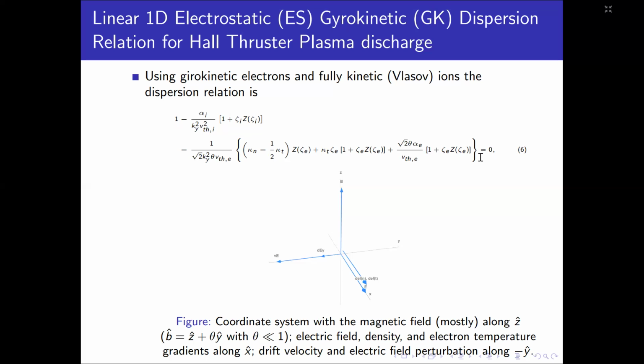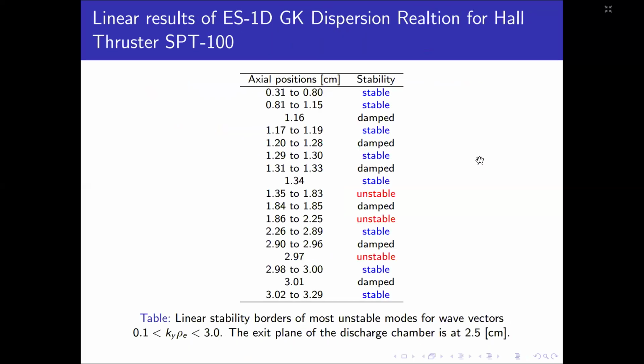Now, from this analytical dispersion relationship, I solve it numerically using, for example, data of this specific type of Hall thruster, the SPT-100, and I obtain these stability results. As you can see, for the vast majority of axial positions, we have either a stable wave or a damped wave.